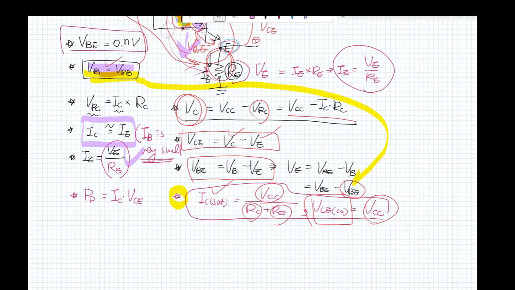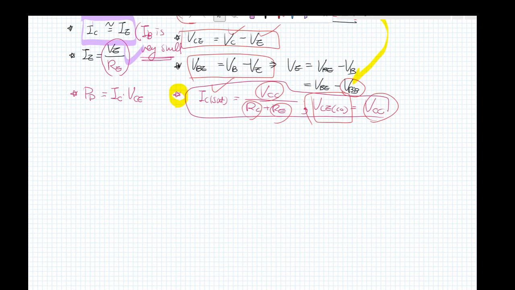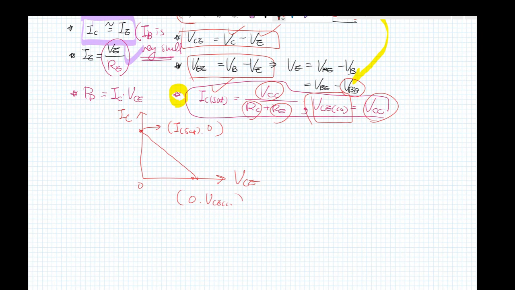The drawing here, this is I sub C, 0, V sub CE. The load line is linear. That point is I sub C saturation, 0. That one is 0, V sub CE cutoff. So we know the two points, we can draw the load line.